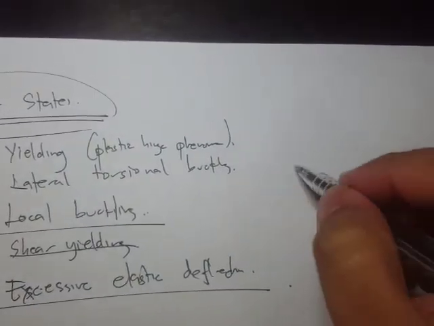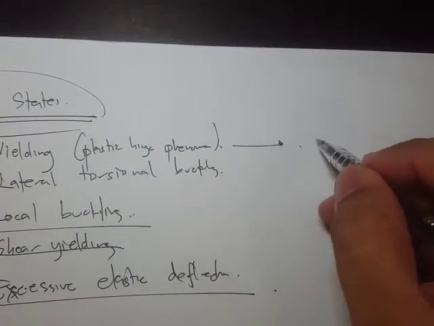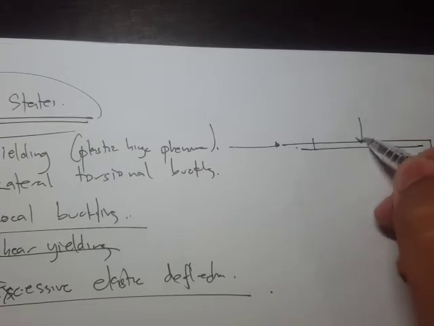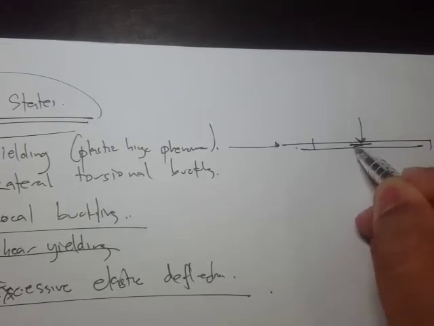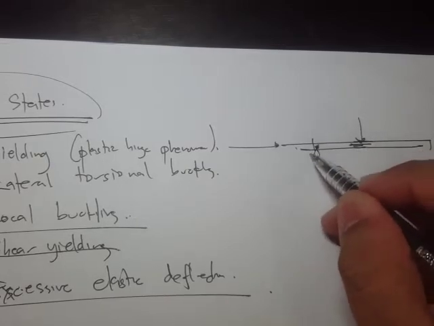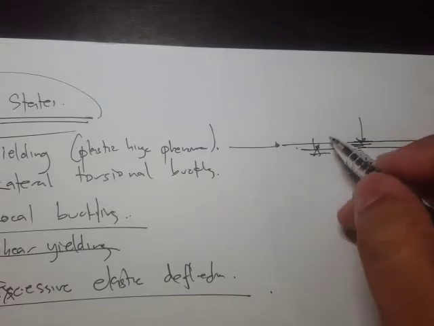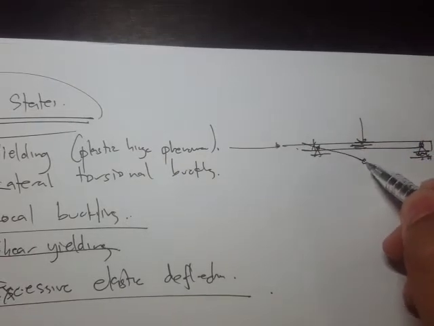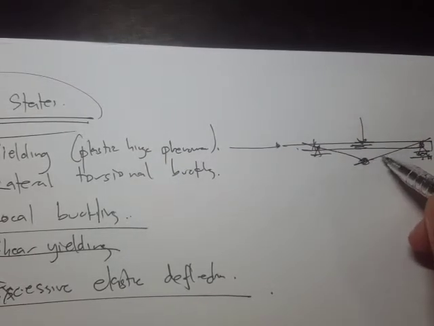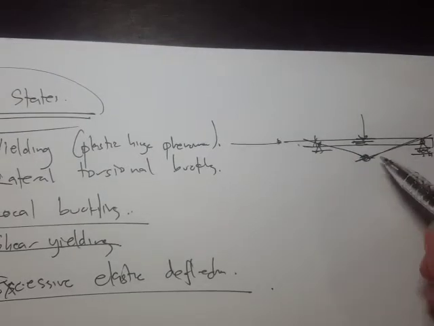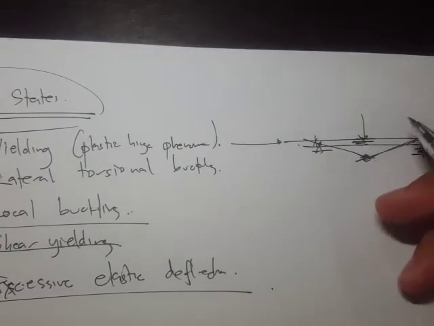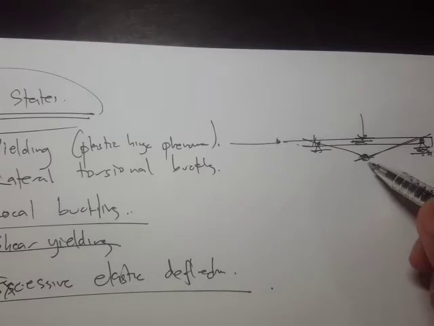Okay, so for yielding, we have this beam and it's under flexural load. And at some point here, all the fibers reach the yield point, and therefore it's going to collapse. It's going to collapse, referred to as the plastic hinge phenomenon.